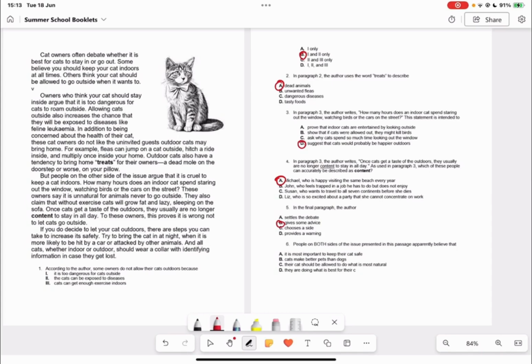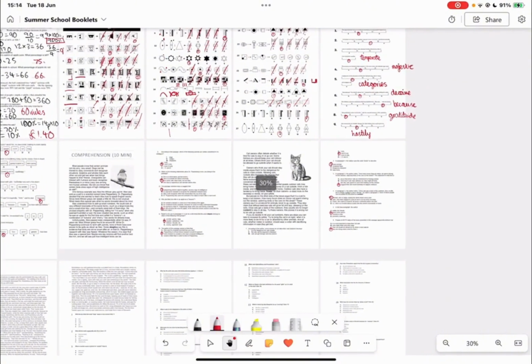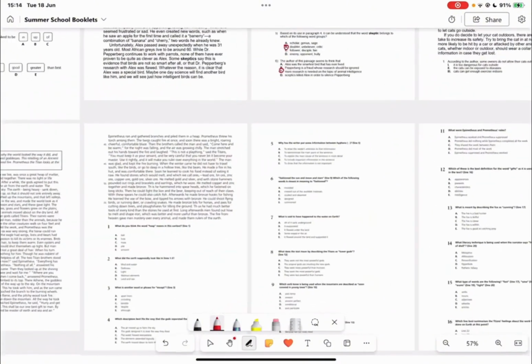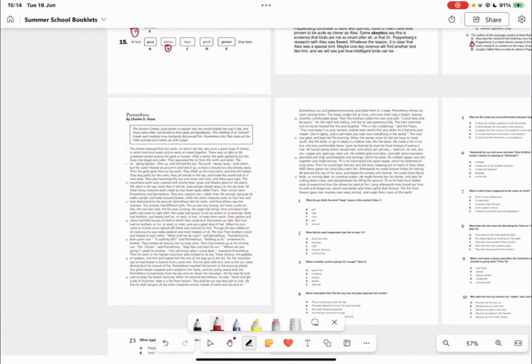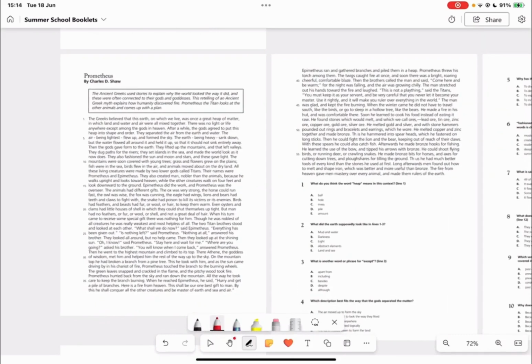Cats make better pets than dogs? No. Their cat should be allowed to do what is most natural? No. So the answer will be D. They're doing what is best for their cat. People that let their cats outside are keeping their cats natural. But then people that keep their cats inside might be trying to keep them safe.